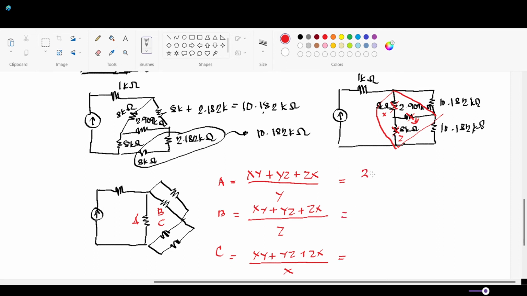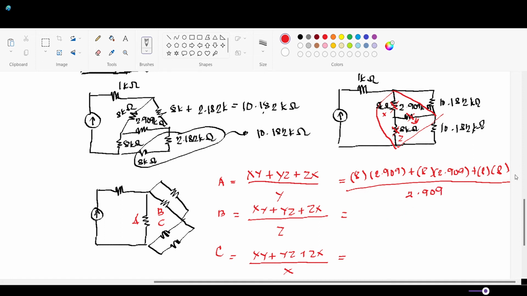X is 2.909 times, ay no, mali. It should be 8 times 2.909 plus 8 times 2.909 and plus 8 times 8 divided by 2.909.